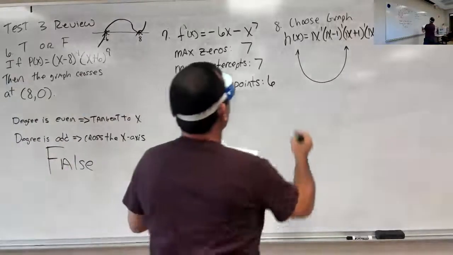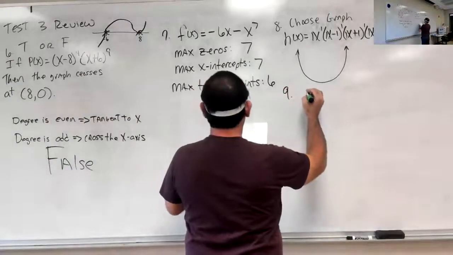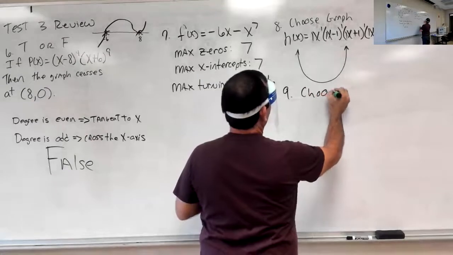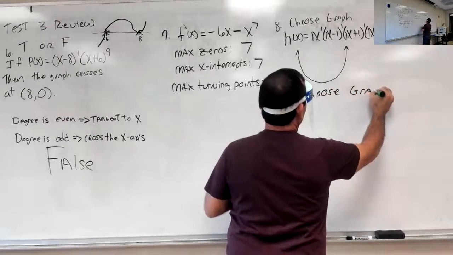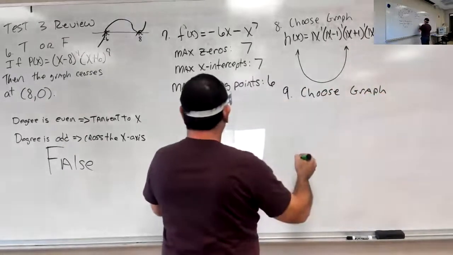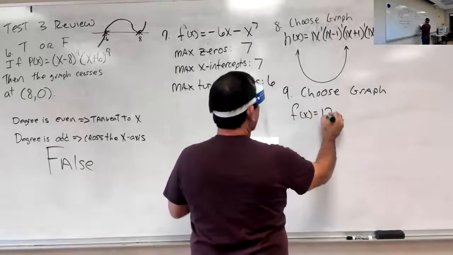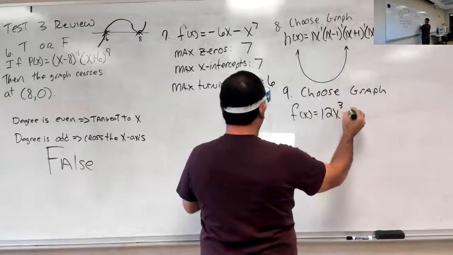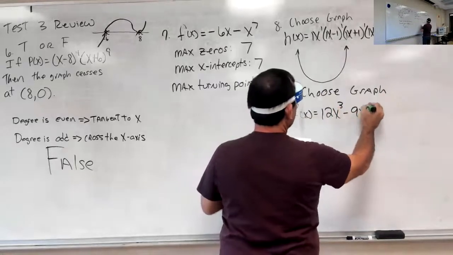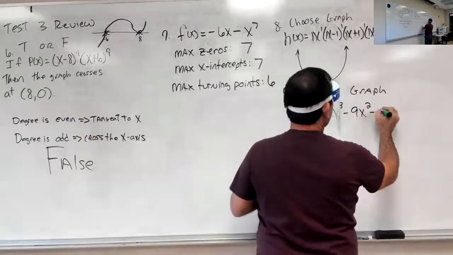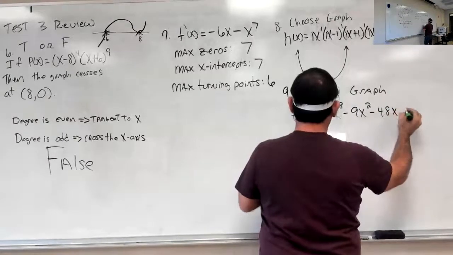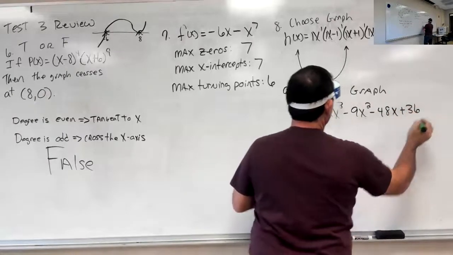All right, let's see what you do to number 9. It's sort of the same stuff. Choose the graph. So f of x on this one will be 12x to the 3rd minus 9x squared minus 48x plus 36.